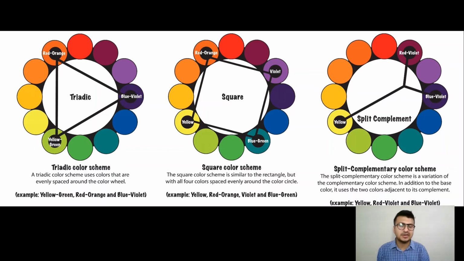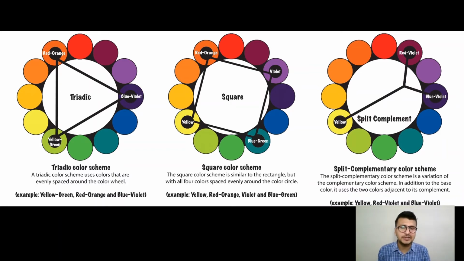Now the difference between rectangle and square: in a rectangle two sides are similar, while in a square all four sides are similar. So here we are making a square inside the circle, and all the spacing is even. An example is red-orange, violet, green, blue, and yellow. These are four colors lying evenly spaced from each other, so it's what we call the square color scheme.